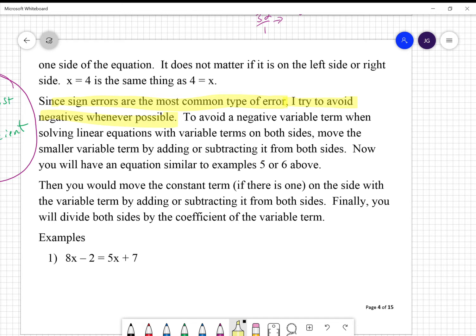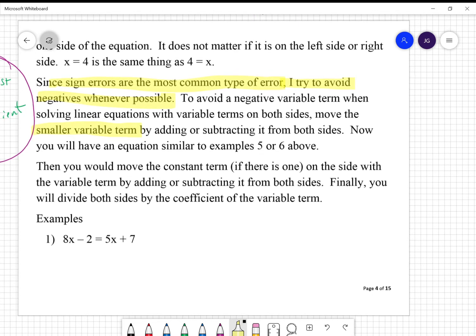When you're solving equations, that means you're going to move the smaller variable term. So your x might be on the right side or it might be on the left. But this will help you avoid negatives. Okay?